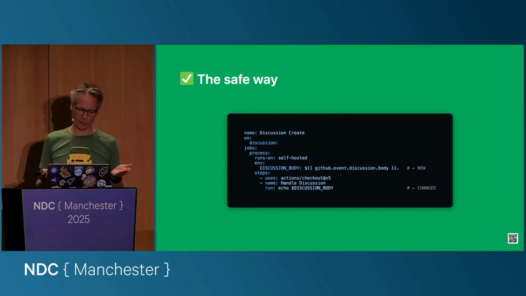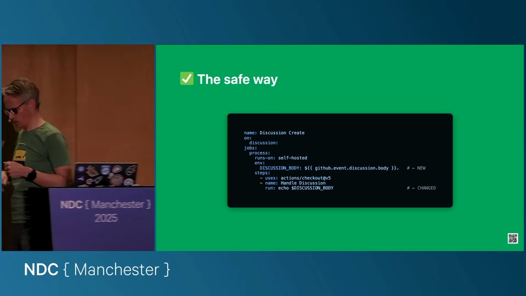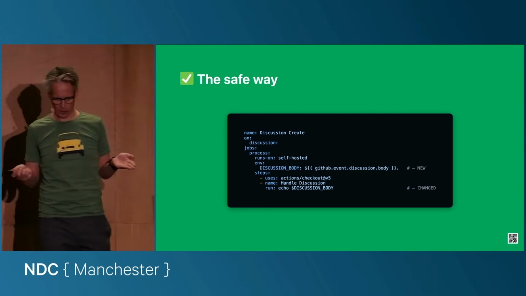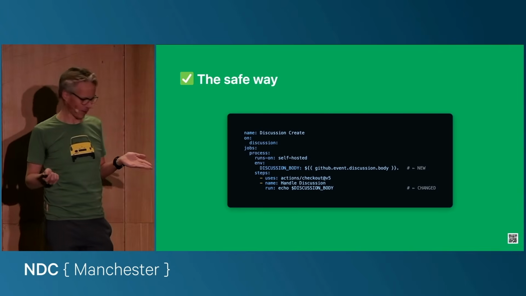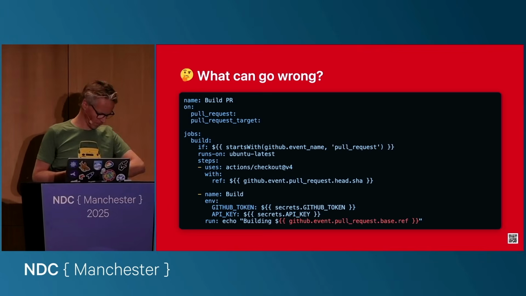That's the line we add. We take the user input into an environment variable, and then we feed it into the shell, and then we should be safe. So also a simple solution for a problem that is easy to make, and a mistake that's easy to make. Good.